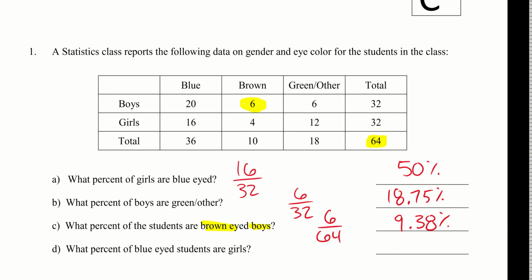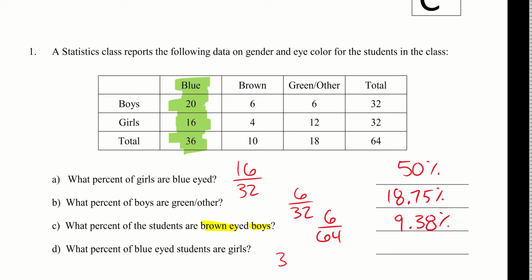And then finally, what percent of blue-eyed students are girls? So this is different. Now what we're talking about are just the students that are blue-eyed, and I'm confusing by using a green highlighter, but this is the column we're looking at. It says what percent of blue-eyed students are girls? If you look at it, there are 36 students that are blue-eyed.